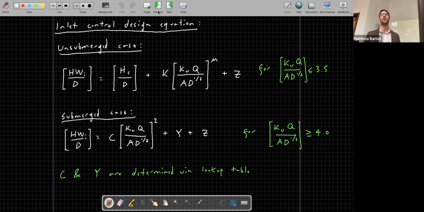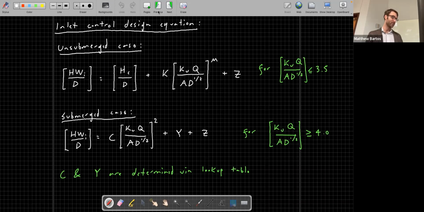As we'll see when we do the example, this is an iterative procedure. You'll need to start with a guess of what D should be, compute the headwater depth and see if it meets your desired design criteria. Is the cross-sectional area that of the flow or of the culvert? Of the flow, yeah.